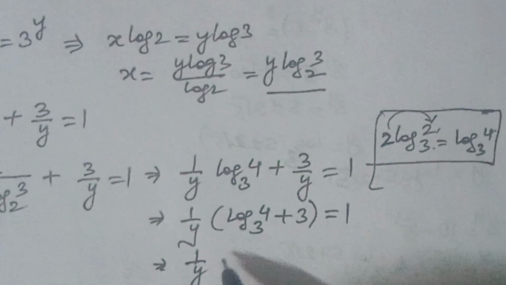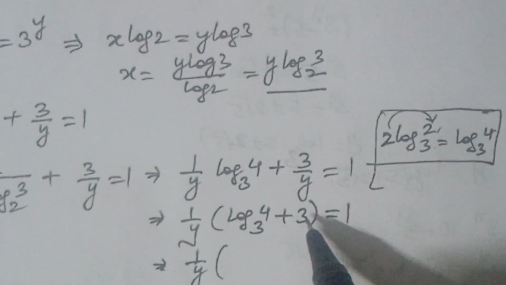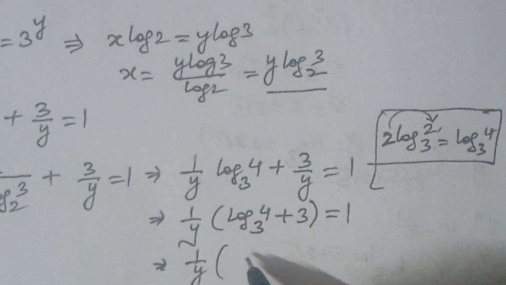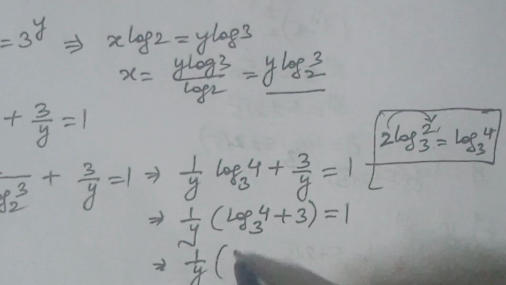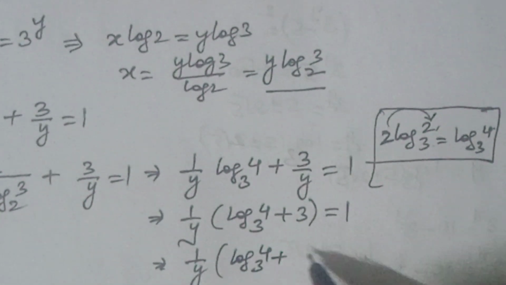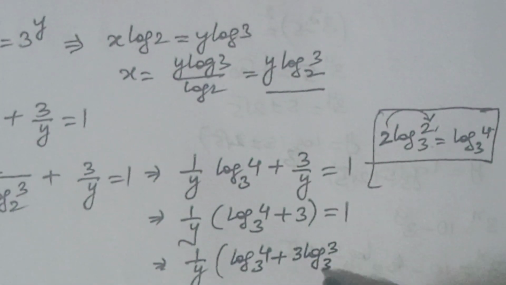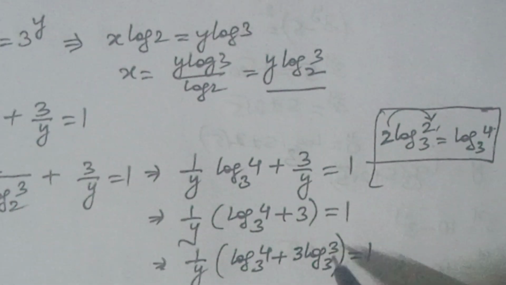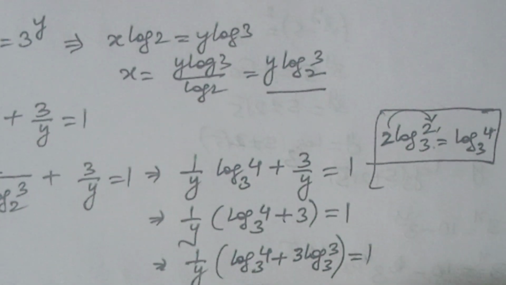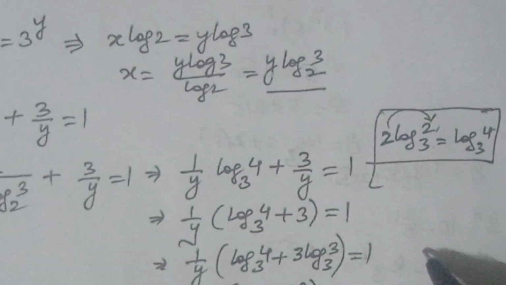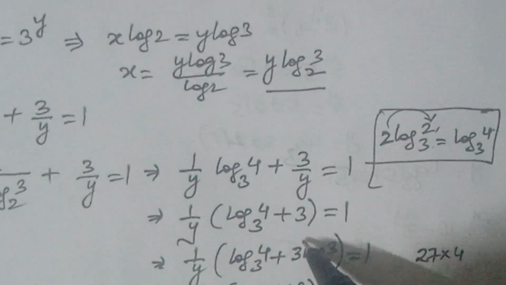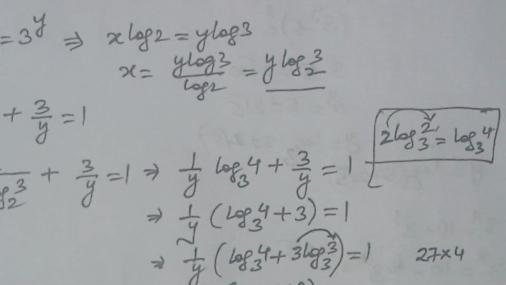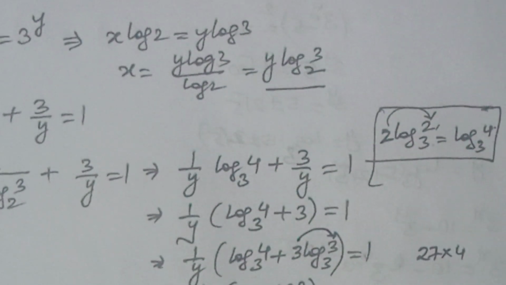You can write 3 as log 3 cubed base 3, so it is log 4 base 3 plus 3 log 3 base 3. 3 cubed is 27, and 27 into 4 gives 108. So we get (1/y) log 108 base 3.